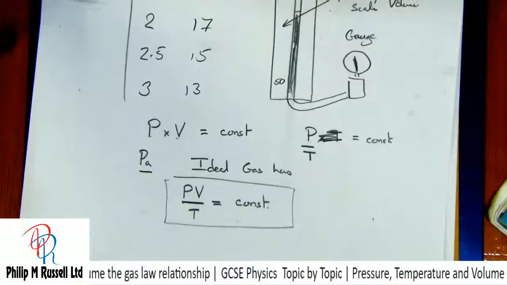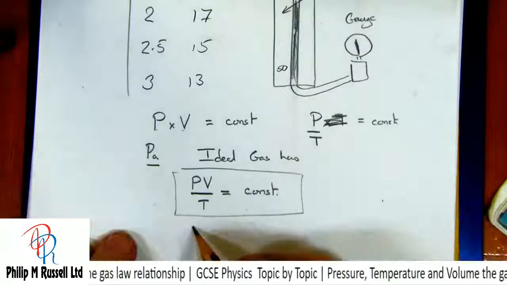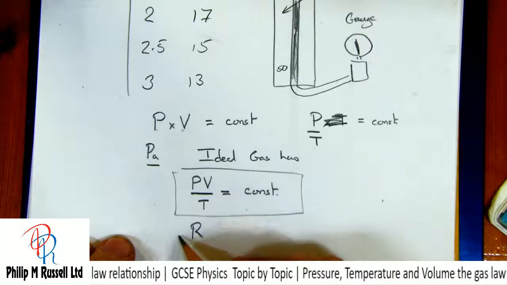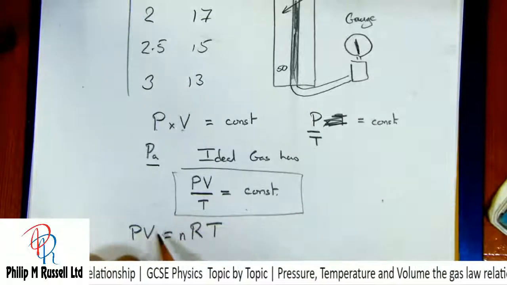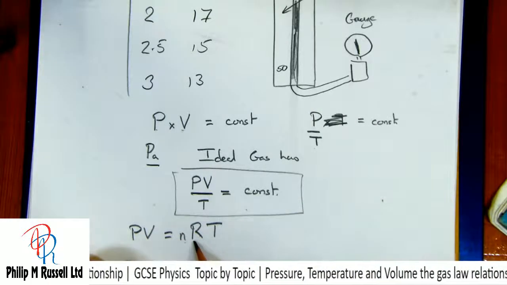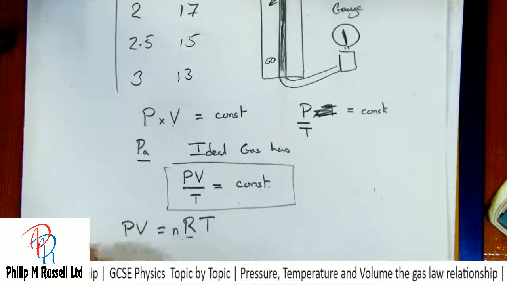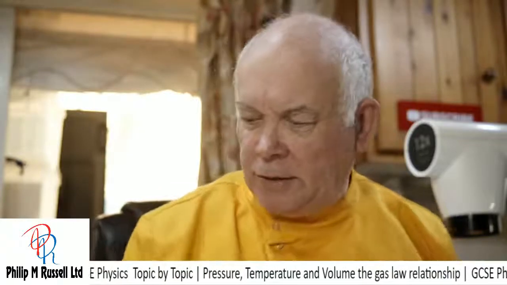We do find that there is some real relationship to this, and for A level we discover that pressure times volume is the number of moles times something called the gas constant times temperature. PV equals nRT. So that gives us some ideas here about temperature, about pressure, and about the nature of gases.